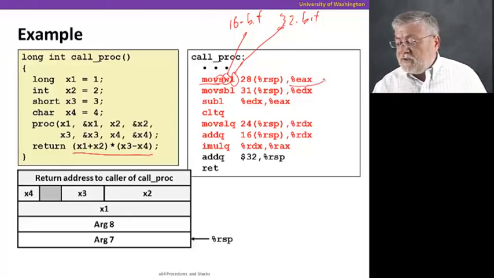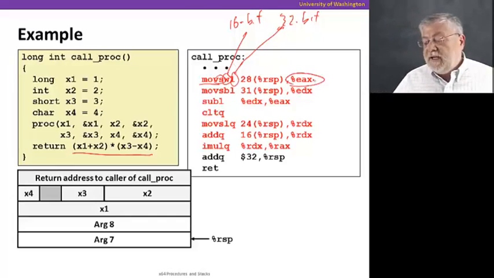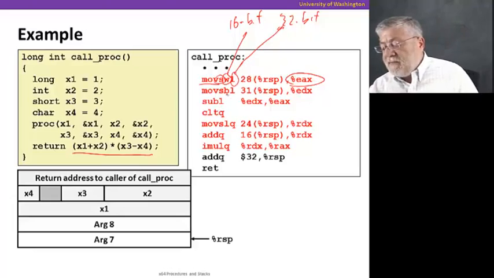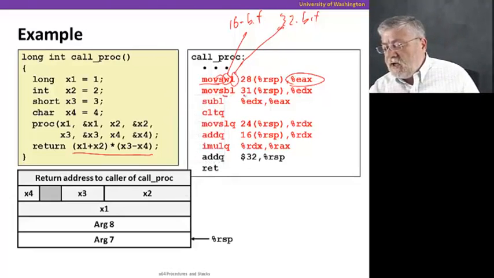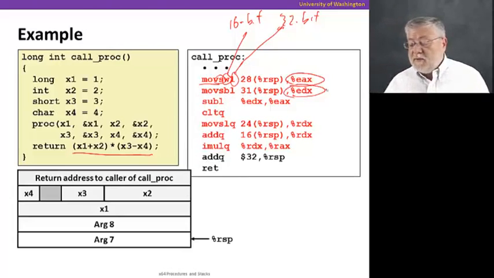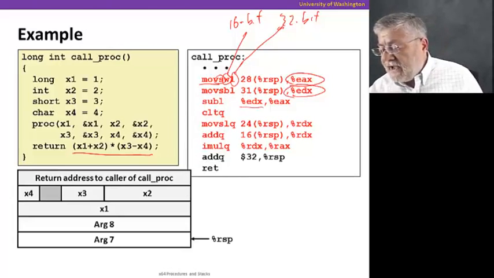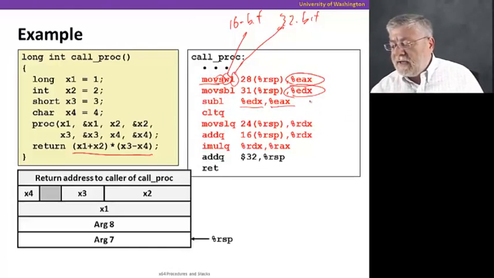And the result goes into the 32-bit register EAX. We'll do the same thing for a byte extended to a long to get the value of x4 and put that in EDX, sign extended, and then subtract that from EAX. So this will have computed x3 minus x4.